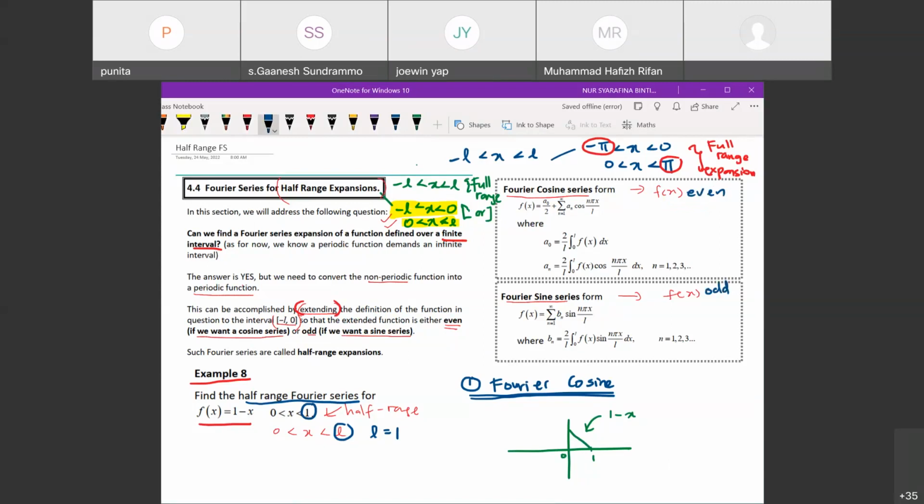So in order for the function f(x) here to be a Fourier cosine, the function needs to be an even function. So from this plotted graph, how can it be an even function? What do you have to do? How can you know that a function is even or not?